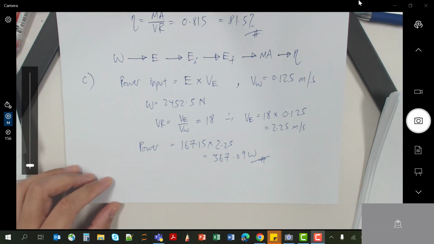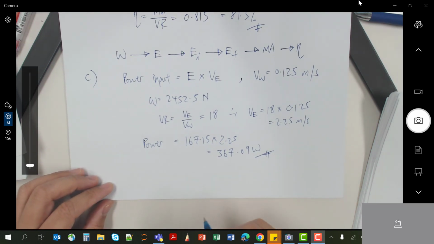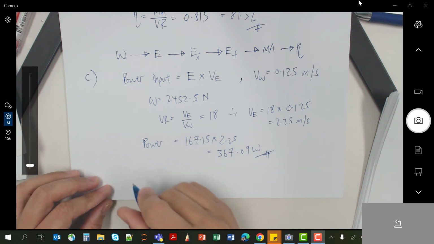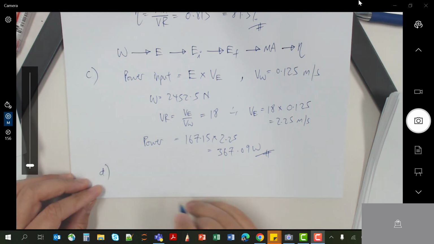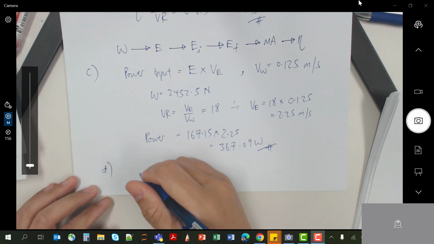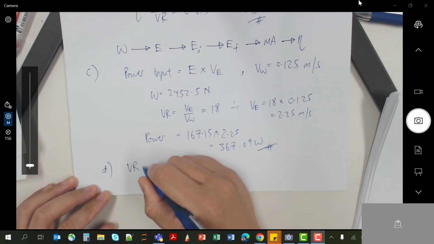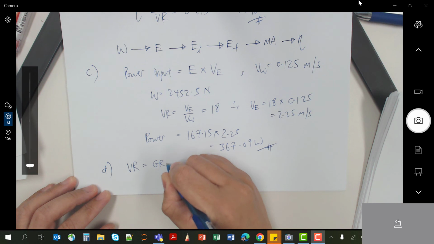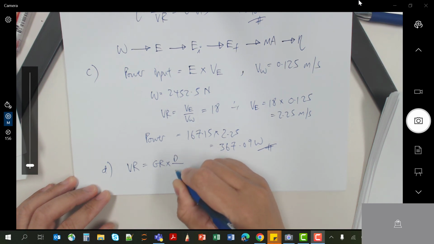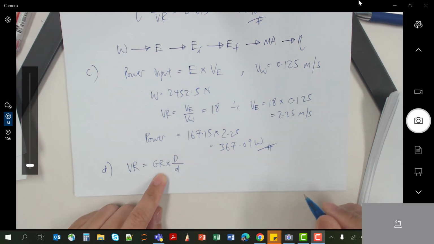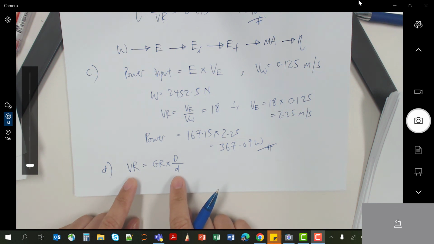Okay, and the gear ratio. This one is playing with using the formula for the crab winch. You know, velocity ratio is gear ratio times effort drum diameter over load diameter. Okay, and we actually have these two.